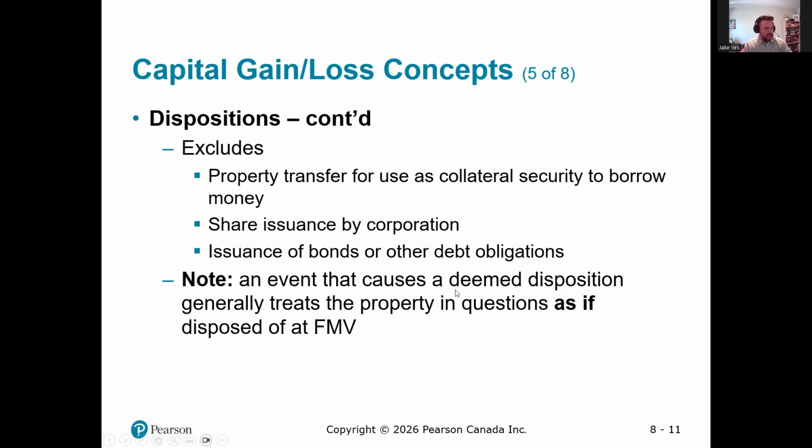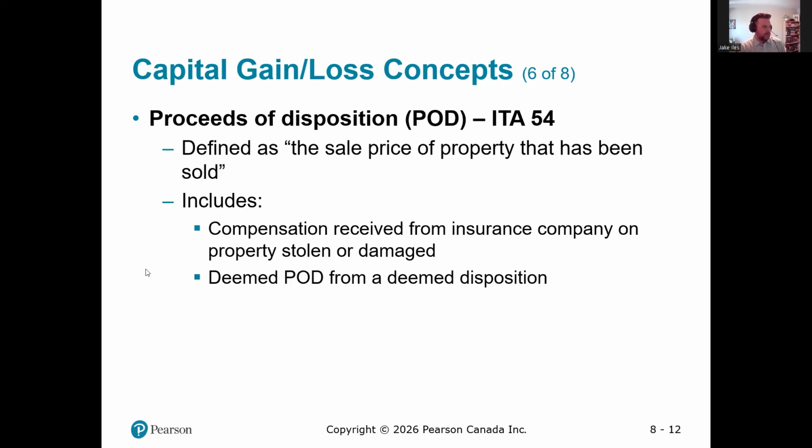An event that causes deemed disposition generally treats the property as follows. Whenever we have a deemed disposition, it's always considered to be disposed of at its current market value on that date, also known as its fair market value. So your fair market value is considered to be the proceeds received. Proceeds is the sale price of the property that's been sold, and includes compensation received from an insurance company.